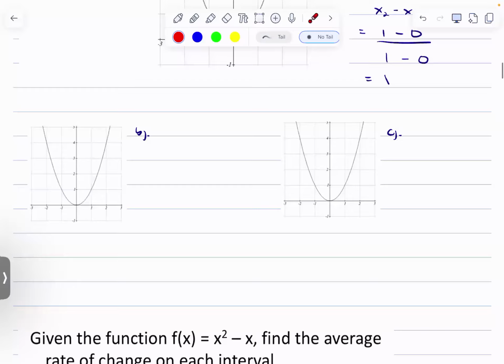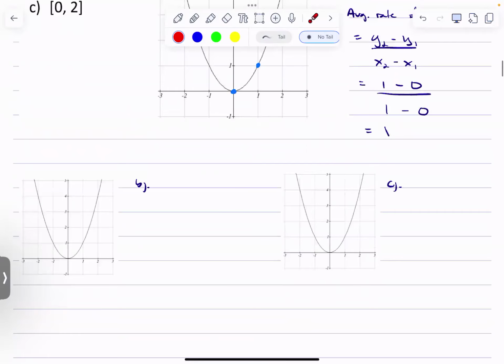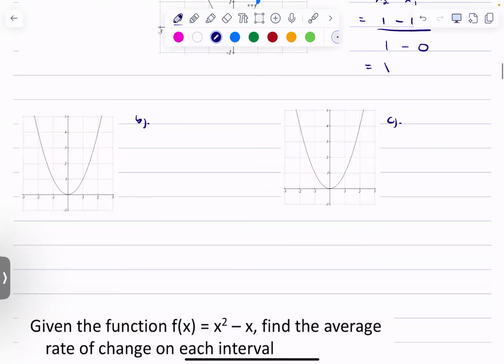How about on 1 to 2? So now my x is going between 1 to 2. So I have 1, 1, and 2, 4. Can I be lazy and just write the formula instead of the name?